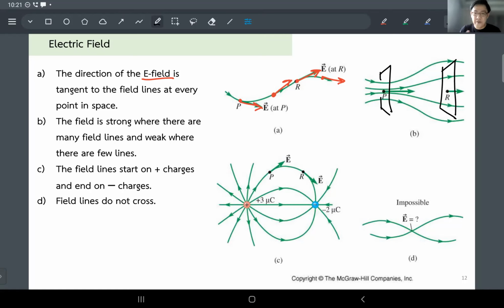Because when you have a very faint number of lines per unit area, it just means the strength of the electric field is kind of low. So maybe the charge is far away, or maybe the amount of charge is small. So the second property: the field is strong when the density of field lines per unit area is high, and it's weak when the density is low. Cool. Let's look at part C.